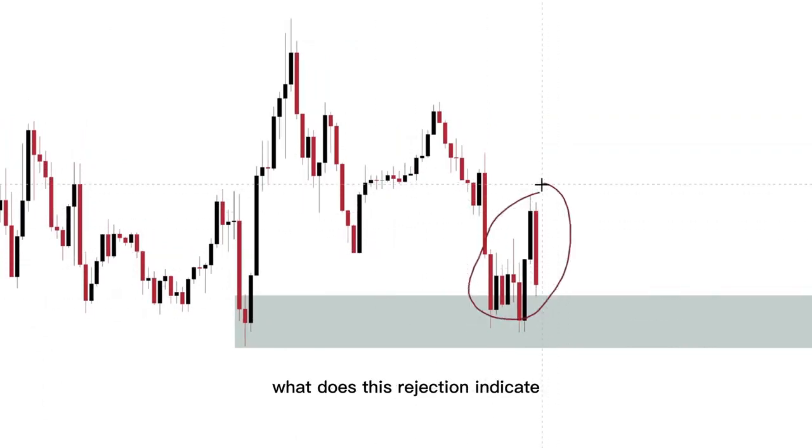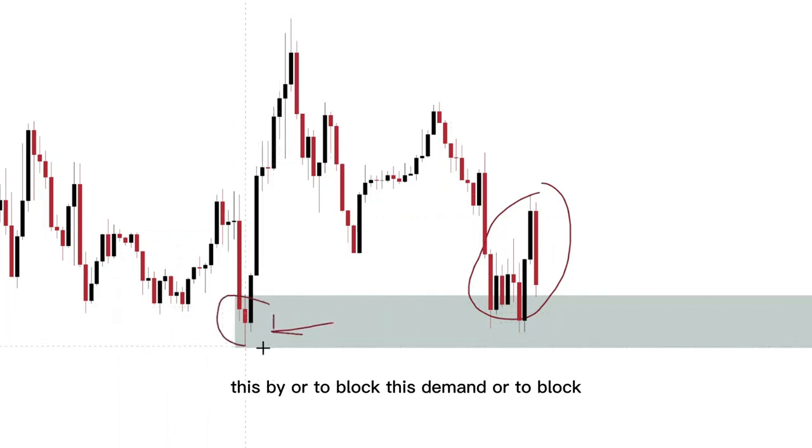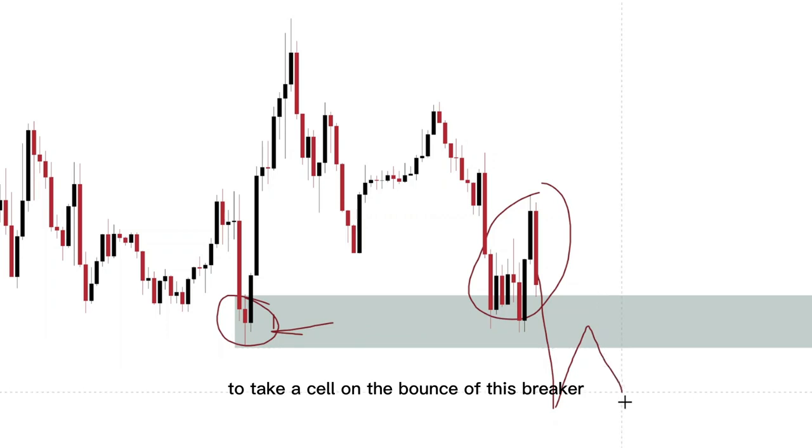What does this rejection indicate? This rejection indicates that the sell orders that came in here could not overpower this buy order block, this demand order block. So if price does break through this level, sell orders were not injected here, because if sell orders were injected here, price would have broken through aggressively and there would have been leftover orders for us to take a sell on the bounce of this breaker.